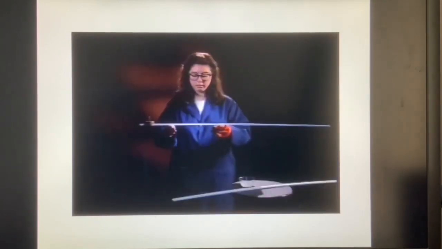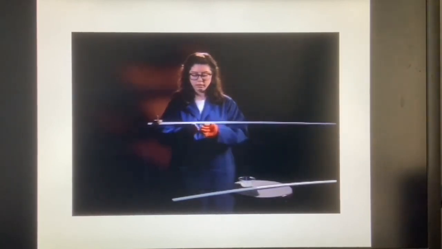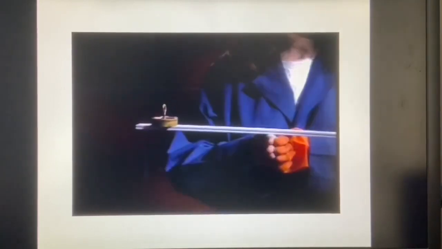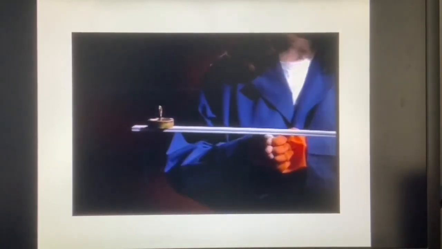If a weight is added to one end of the meter stick and the demonstration is repeated, the stick still remains balanced, but the fingers meet at a different spot.